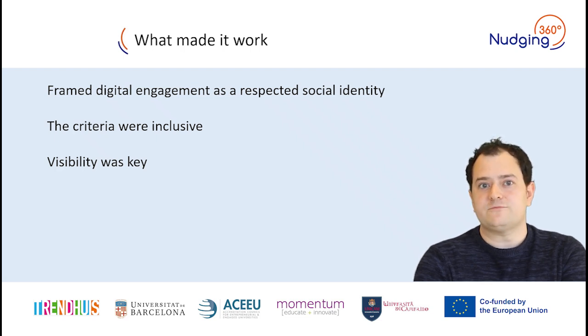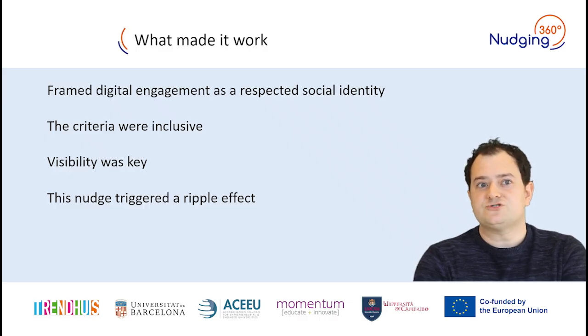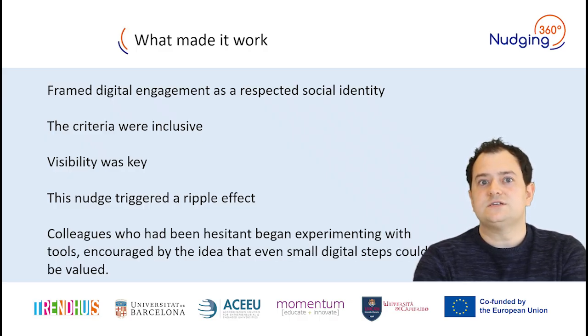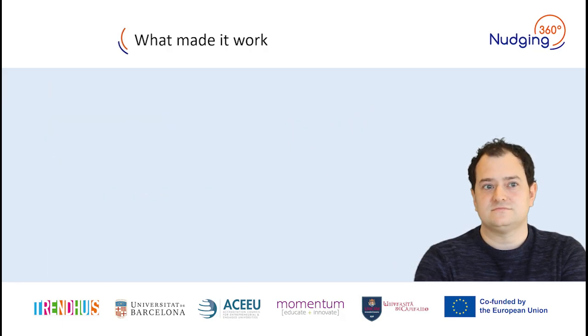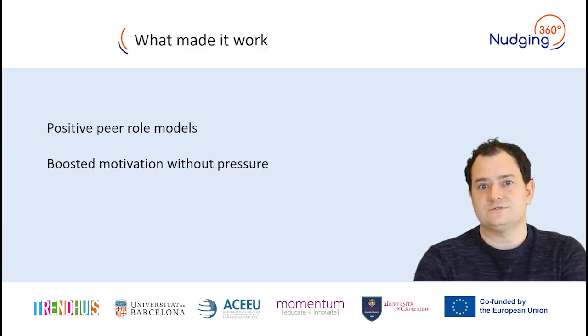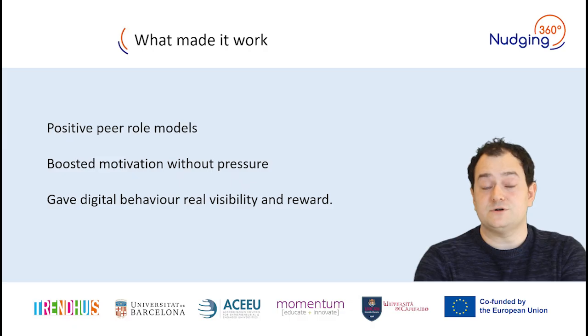Winners were profiled in staff portals or recognized in faculty meetings. This nudge triggered a ripple effect. Colleagues who had been hesitant began experimenting with tools, encouraged by the idea that even small digital steps could be valued. And it worked because it created positive peer role models. It boosted motivation without pressure and gave digital behavior real visibility and reward.